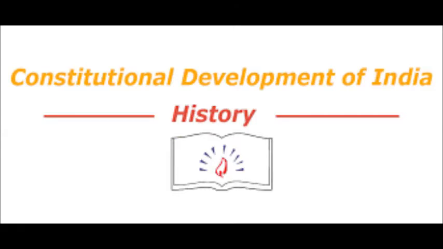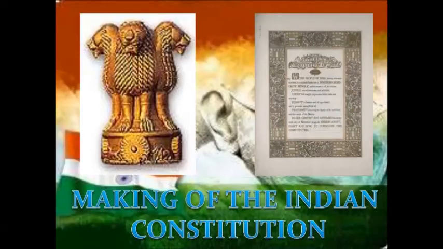The British attempted to create different rules in the form of law and tried to implement them. These types of laws helped the evolution of constitution in India. We shall study this attempt in brief.